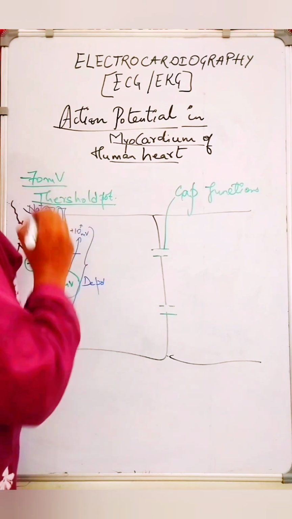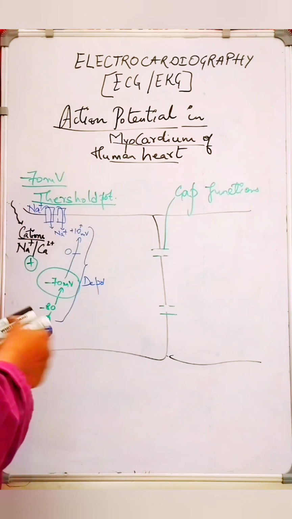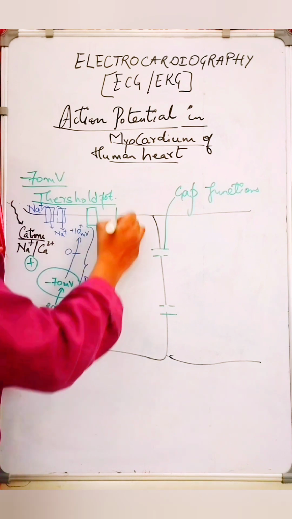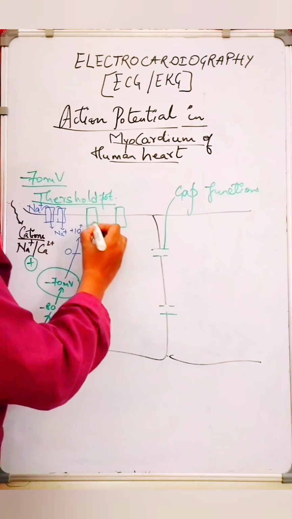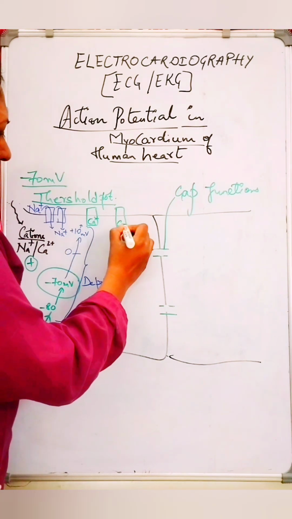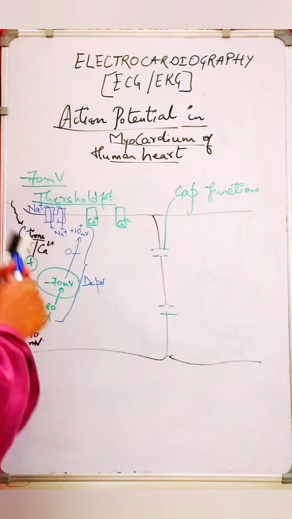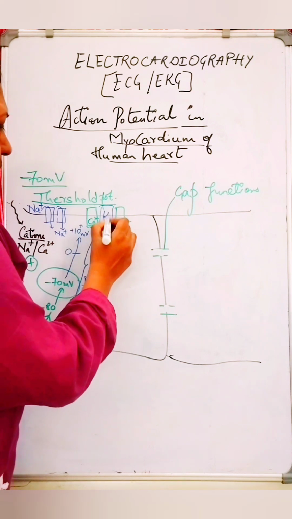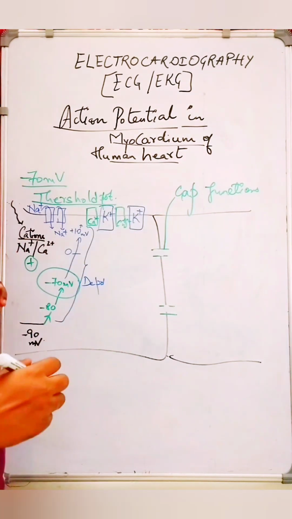Once the depolarization has occurred, now suddenly there will be one more set of channels triggered. I will make two different types of channels. The green ones are calcium, Ca2 plus, voltage gated channels. At the same time we have the big blue ones, which are potassium voltage gated channels.